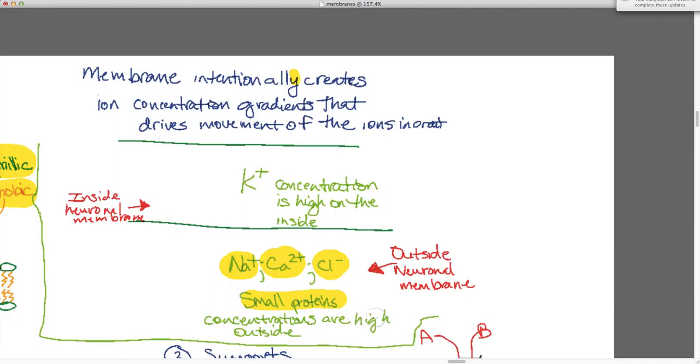Okay, and what that does is it creates a natural tendency for these ions to want to come inside. And the same is true for potassium, except it's high inside and low outside. So its natural tendency will be to efflux or get out of the neuron.